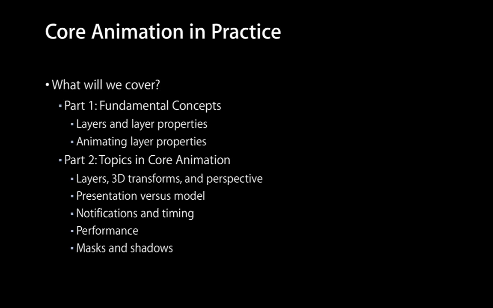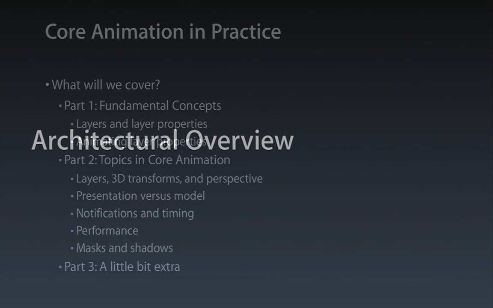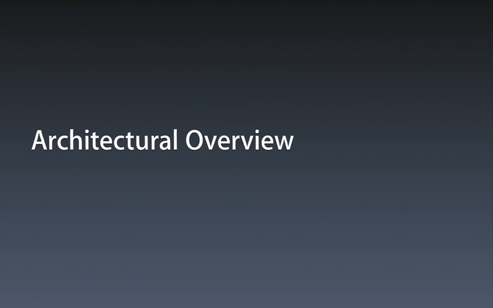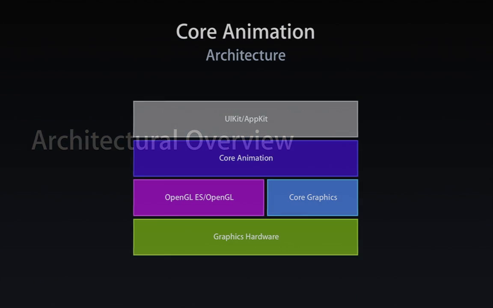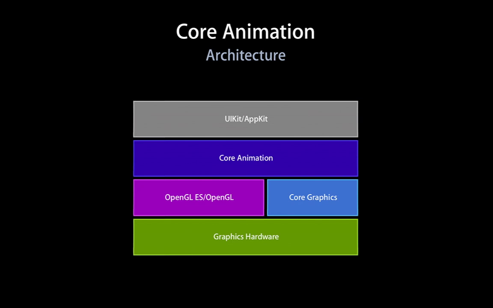There are, of course, other topics, and I urge you to look at previous presentations for more information. We just didn't have time to get everything in. And we'll end with a little bit extra that's quite fun at the end of the presentation. So let's just start with the architectural overview so you get some sense of what Core Animation really is and where it fits into both the iOS and Mac OS X frameworks.